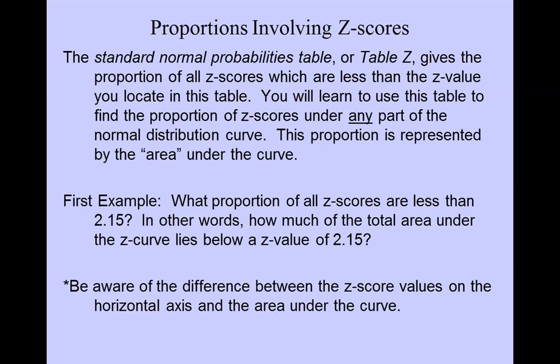First example, what proportion of all z-scores are less than 2.15? In other words, how much of the total area under the z-curve lies below a z-value of 2.15? Be aware of the difference between the z-score values on the horizontal axis and the area you're finding under the curve.